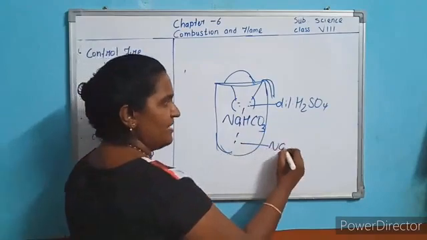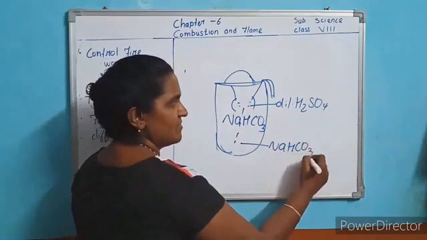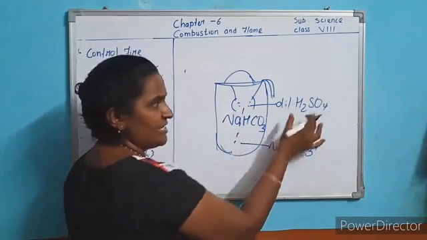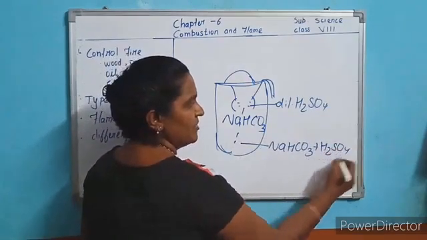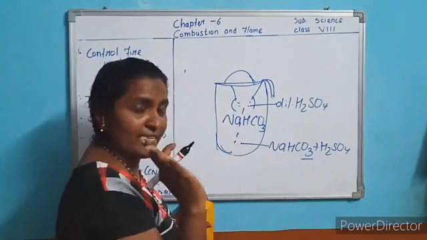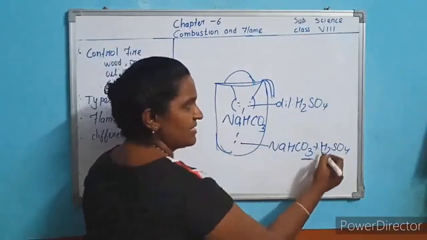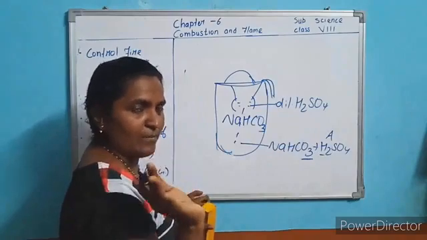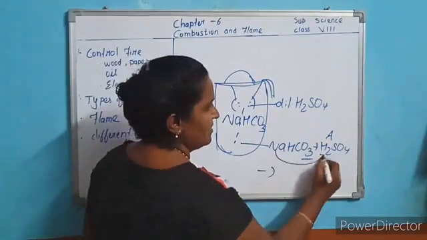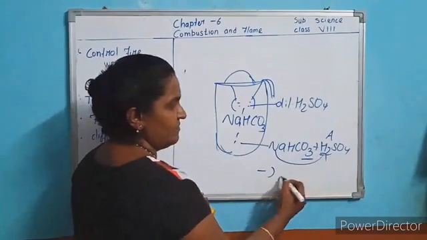Here sodium bicarbonate, after the bottle breaks, will be mixed with this compound. You know, carbonate with acid, you will get three products: salt, water, carbon dioxide. This is the salt, Na you write here.